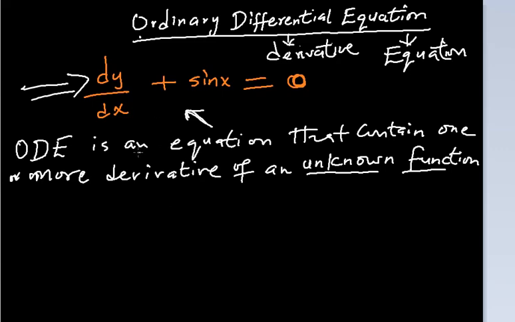So if you are asked to solve a differential equation, you are asked to find the unknown function. When you solve it, you end up having y equal to a function of x. I hope that introduction is well understood.